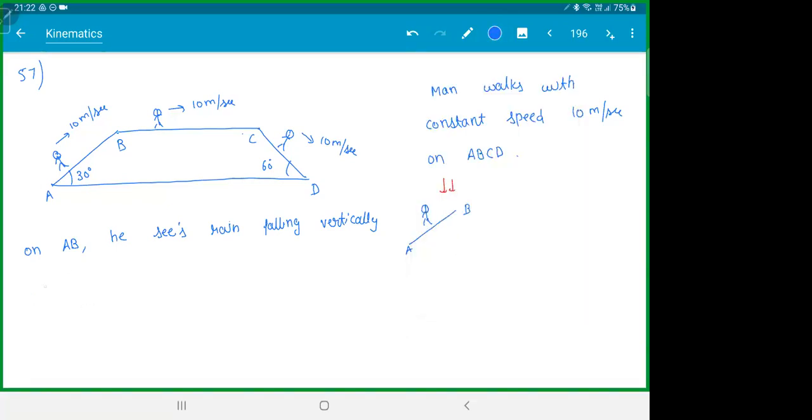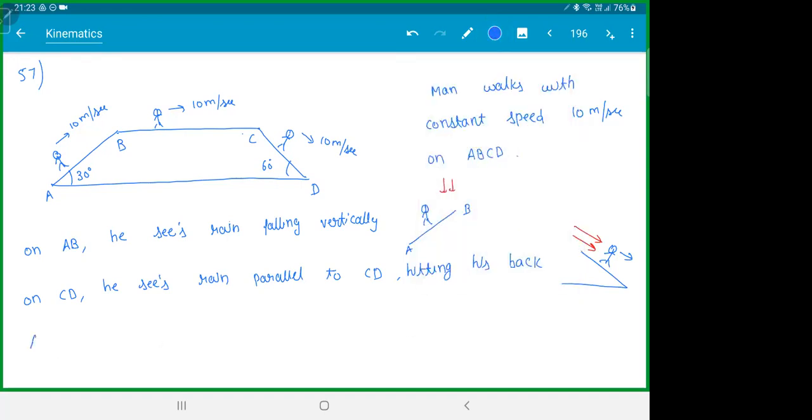On CD, he sees rain parallel to CD, hitting on his back. Meaning on this incline CD, when this person is going down, he thinks rain is coming and hitting like this.